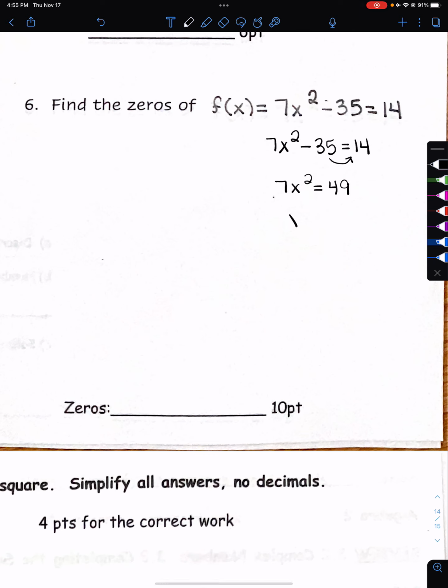Divide both sides by 7. I get x squared is equal to 7. Take the square root of both sides. And I get x is equal to plus or minus, and I cannot take the square root of 7. So x equals plus or minus radical 7.